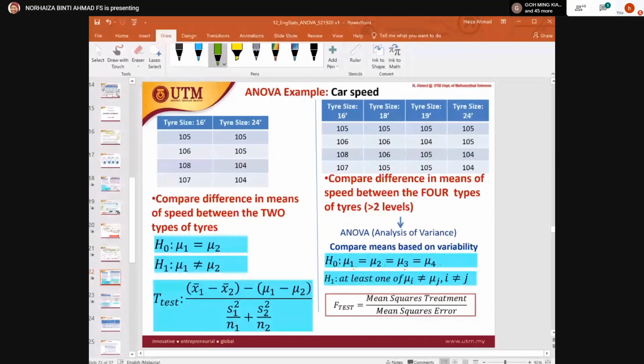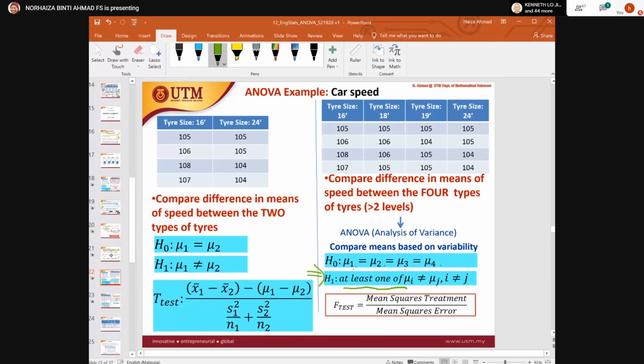Now the opposite, when you have more than 2 populations, is not like what you do for your t-test. For the t-test, it's just mu1 not equals to mu2. But for ANOVA, when you have more than 2 populations, you're assuming that if at least one of them is not the same, then it falls in the opposite direction of your H naught. So for ANOVA, you always write your H1 like so: at least one mu i is not the same as mu j, where i not equal to j.